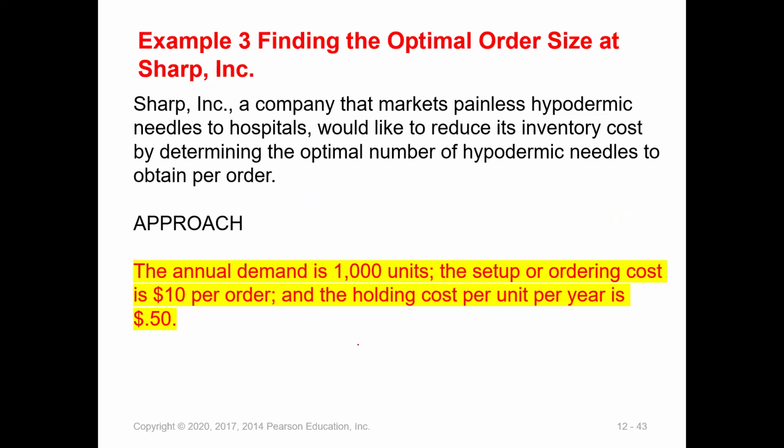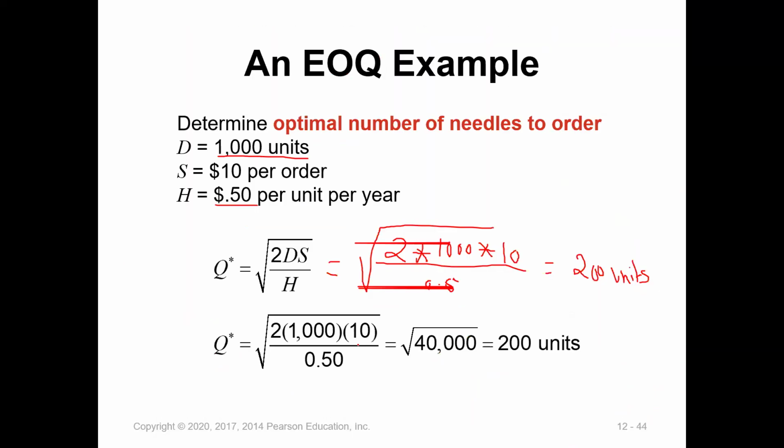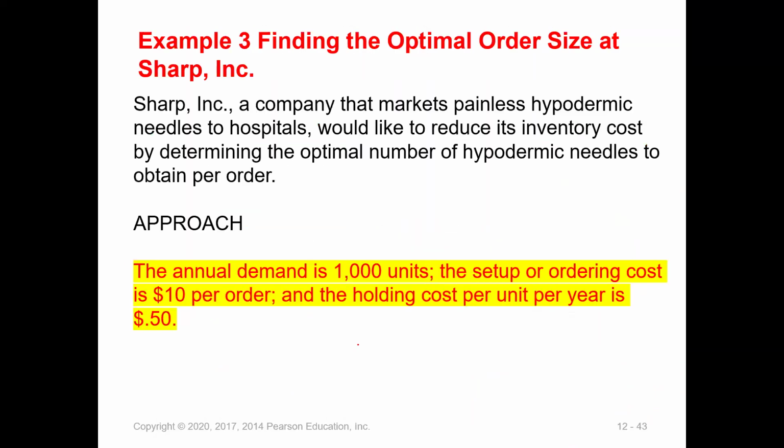Let's see an example here. Sharp Inc, a company that markets painless hypodermic needles to hospitals, would like to reduce the inventory cost by determining the optimal number of these needles to obtain per order.